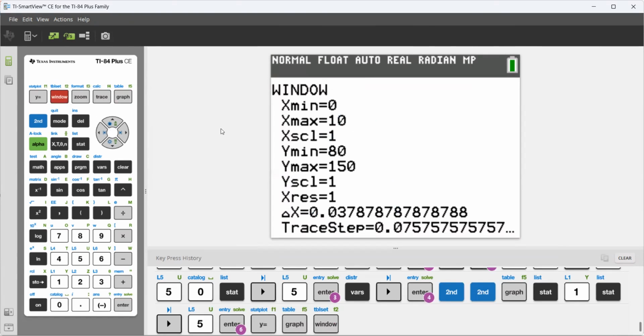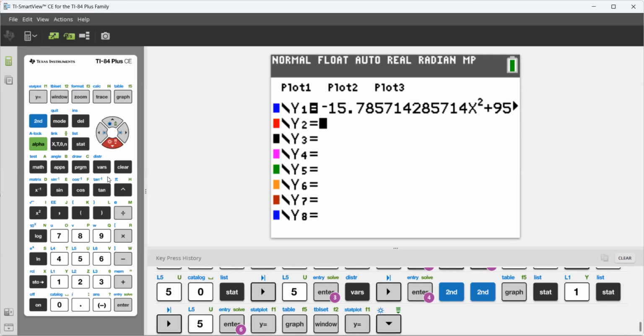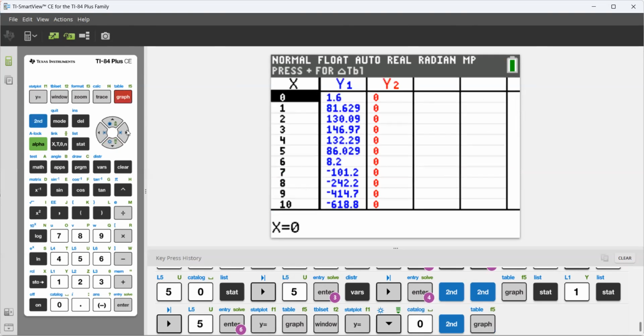So my minimum was 80. My maximum was 150 for y. And then for my y equals, this is what I have. Now I'm going to put y2 equals 0 here. And then I'm going to go to table and check what I have.